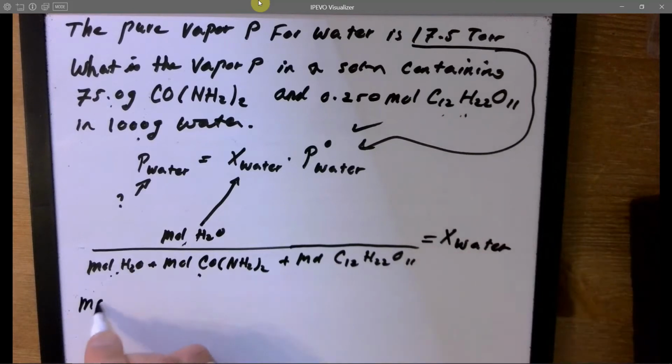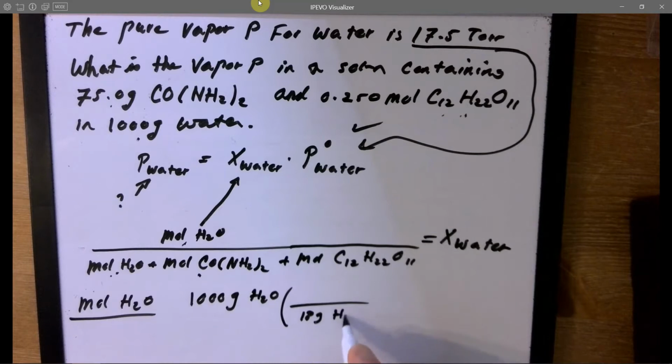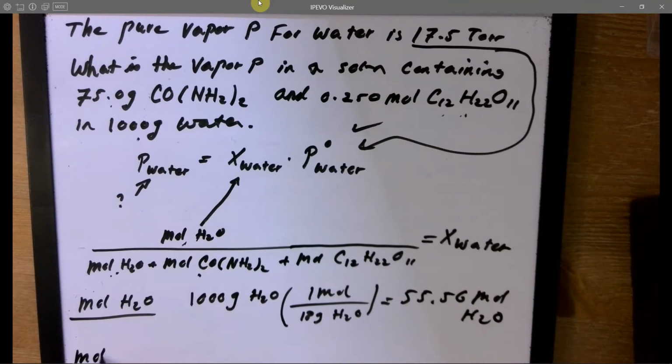Moles for water. To get this, I have 1,000 grams of H2O and 18 grams per mole of water, and that gives me 55.56 moles of water. And then moles of urea.